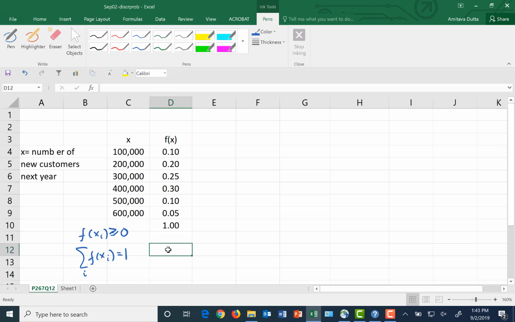So the first question is, on average, how many new customers do we expect next year? How do we compute the average value? Since all outcomes are not equally likely, you take each outcome and weight it by its corresponding probability. So you take the outcome X and you weight it by its corresponding probability.